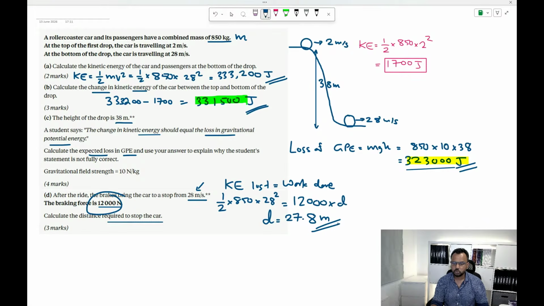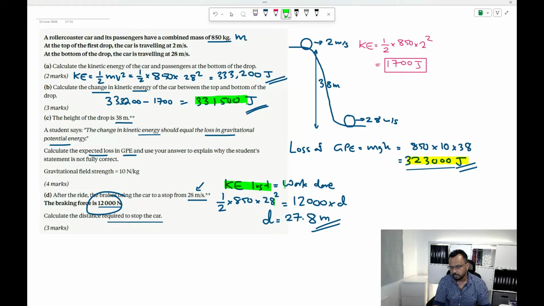It can also be done using part D again. Basically, the kinetic energy of the roller coaster car is used by the braking force.